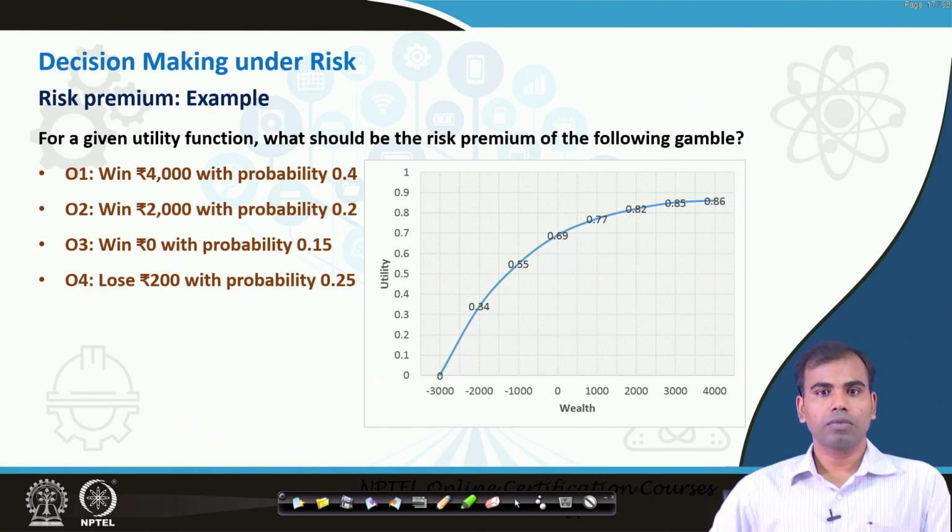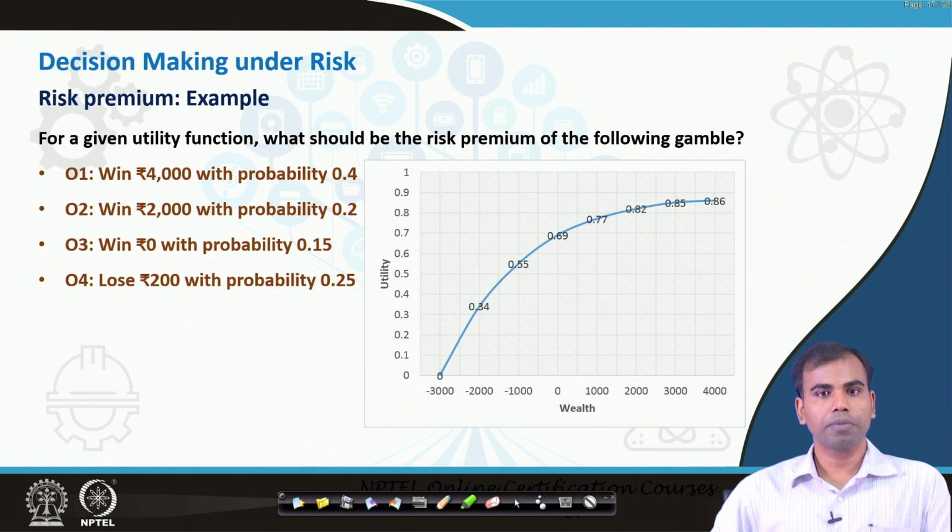We will calculate the utility associated with these 4 payoffs, and we will come up with the expected value as shown in the previous graph. We will also try to understand the value of certainty equivalent, and then we will come up with the amount as the difference between the certainty equivalent and the expected value, which could be considered as the risk premium.